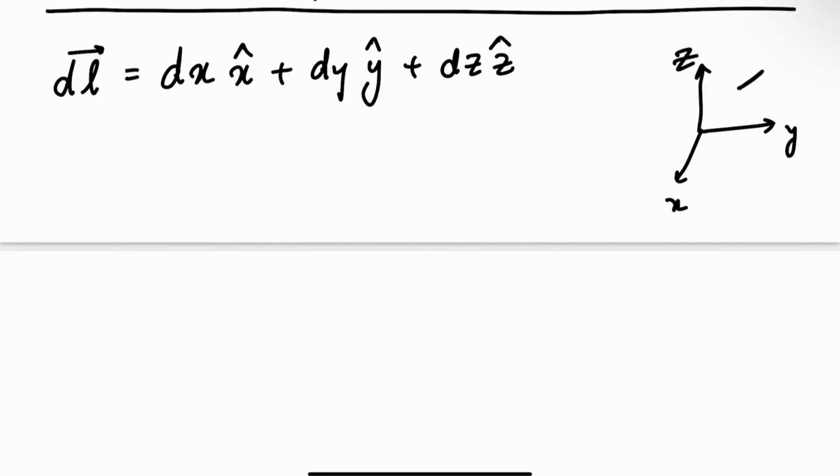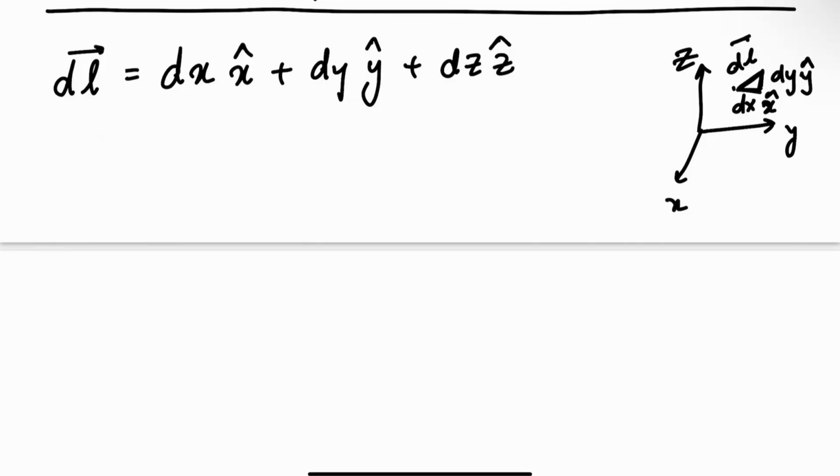You take some small length, some direction, and that can be decomposed into x, y, and z components. And I can't draw the other one, but get the idea, right? So you can do this dx x hat, let's say this is dy y hat. And then you can also decompose it into projection along z hat, and that gives you the dz component.